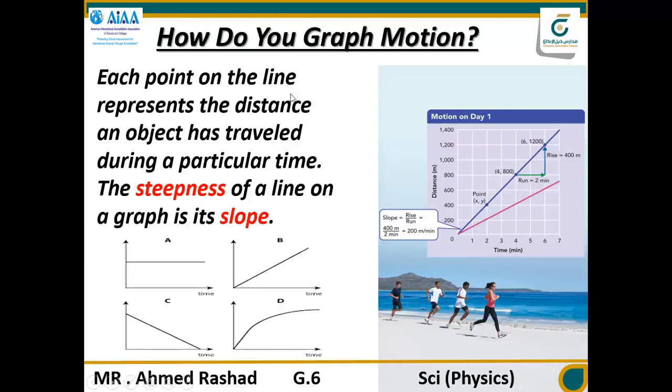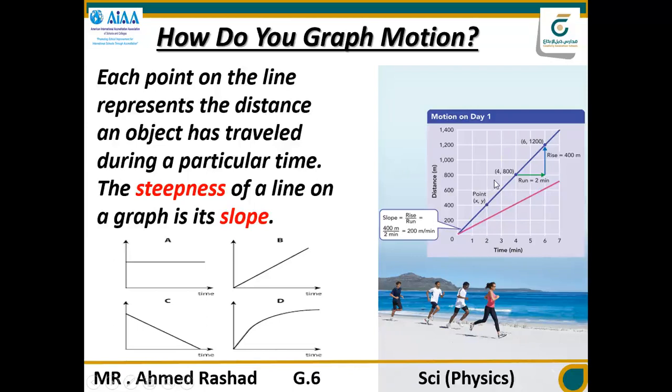When we talk about the graph of motion, for any object in motion, we make a graph to describe the motion, velocity and speed. Each point on this line in the figure, the motion graph, represents the distance an object has traveled during a particular time.